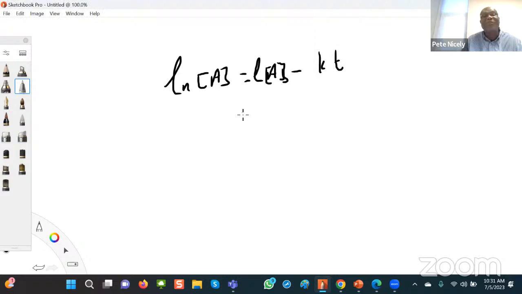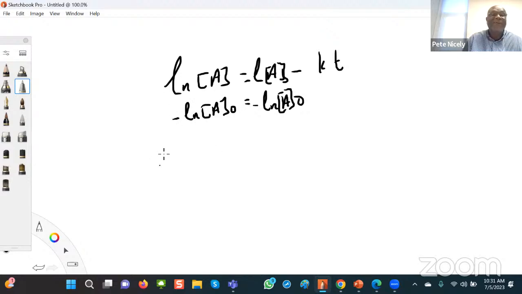Now, you should know or remember from your algebra that if you were to subtract ln A0 from both sides, then you're going to get ln concentration of A minus ln concentration of A0 is equal to minus KT.